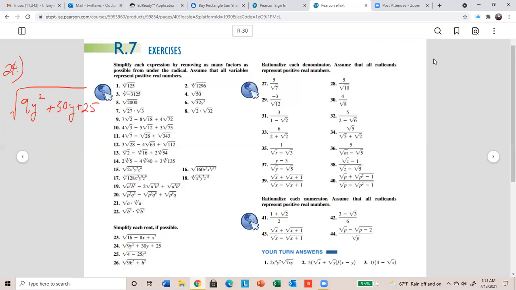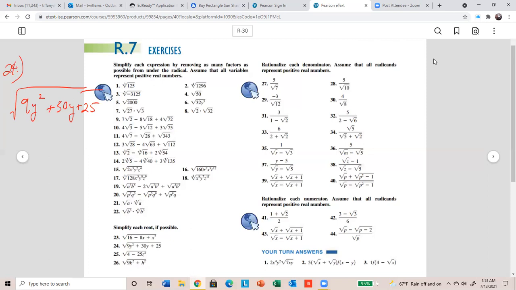As we have already learned, you can't split up plus and minus signs. So with addition or subtraction operations, you're stuck with them. So I can't go in here and say, oh, the square root of 9y squared is 3y, I can't do the square root of 30y, so I'm just going to leave it, and then the square root of 25 is 5. Nope, it does not work that way.